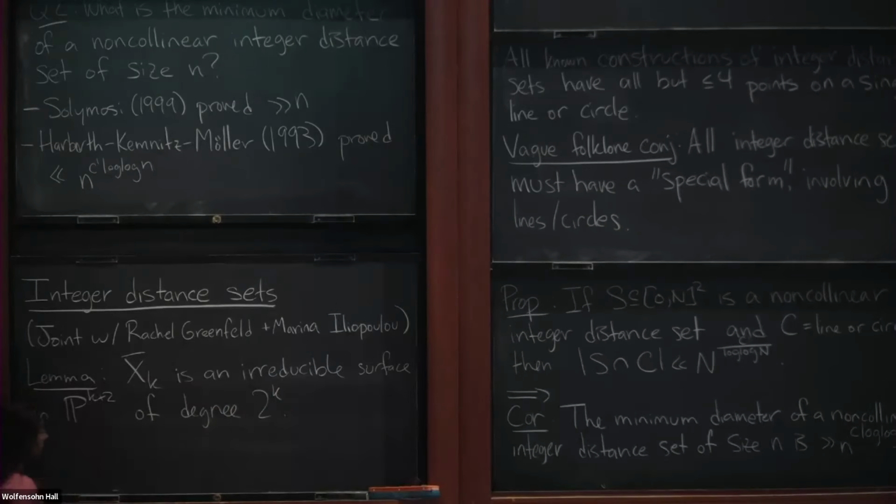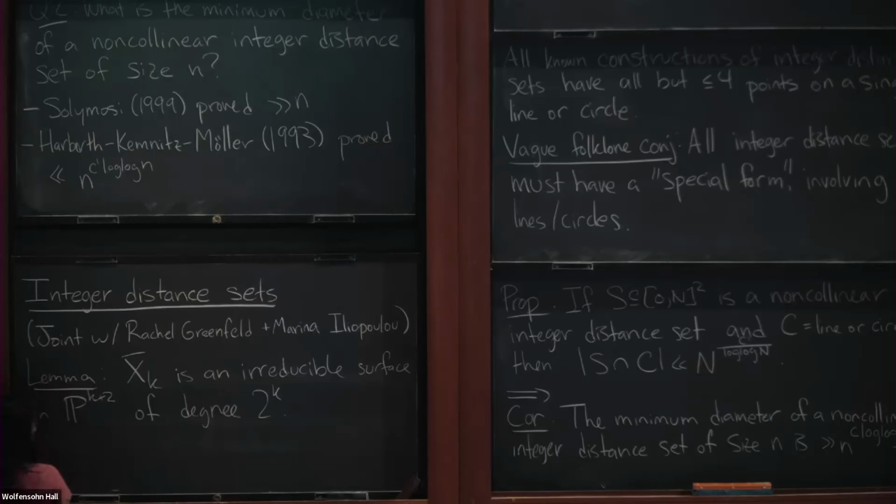And it's been known, since the work of Heath-Brown, that if you have an irreducible surface, say defined over the rationals, of high but fixed degree, then the rational points on that surface can be covered by a small number of low degree curves.